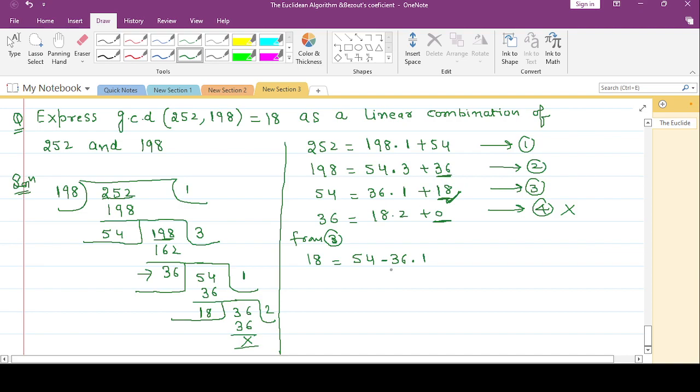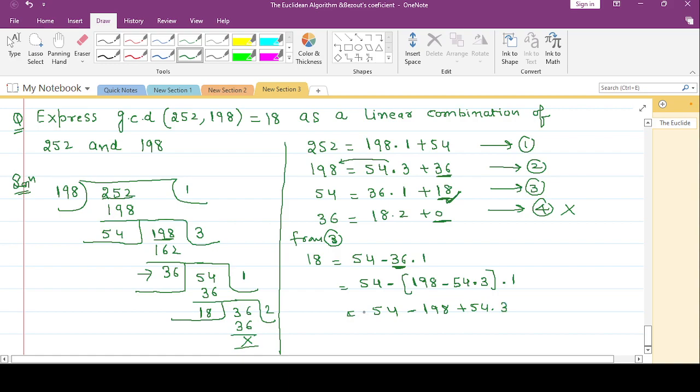From this equation, you delete this 36 by substituting its value. So 36 can be expressed as 198 minus 54 into 3, and outside it you have 1. So this can be written as 54 minus 198 minus minus plus 54 into 3.